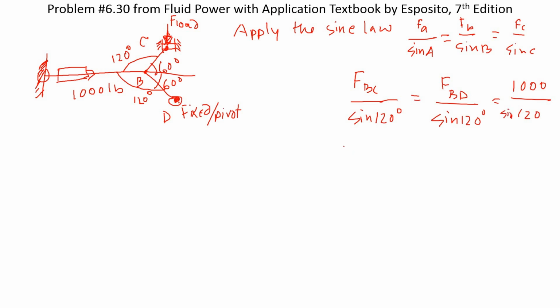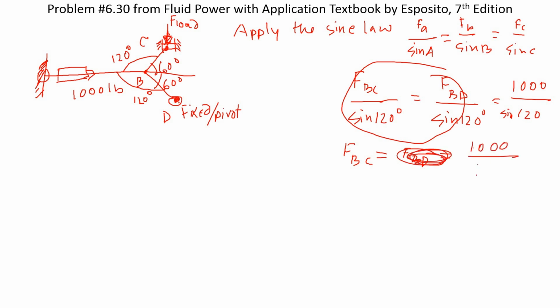If we equate these, we can see that F_BC is equal to F_BD, and if we solve for F_BC, then 1,000 divided by sine 120, times sine 120, so F_BC would be 1,000 pounds.